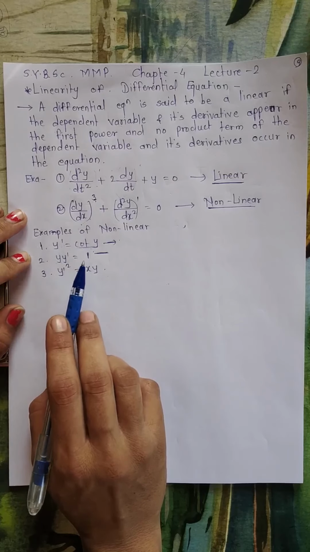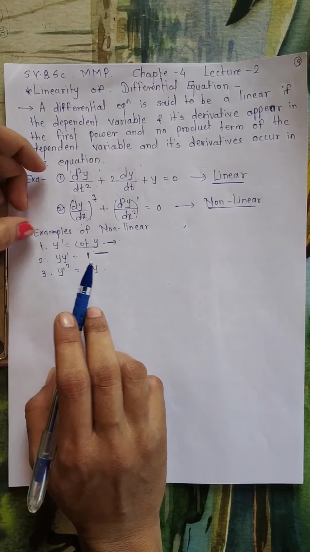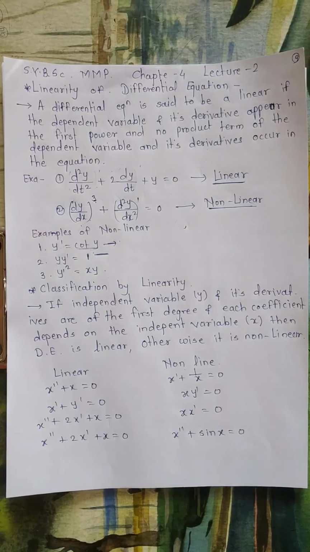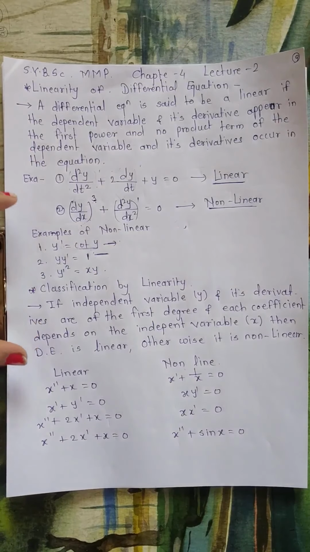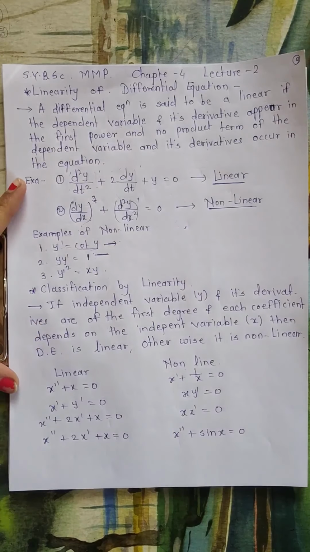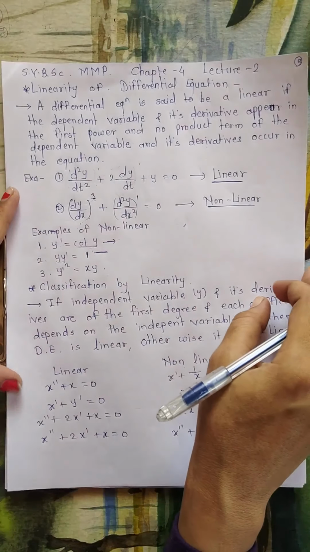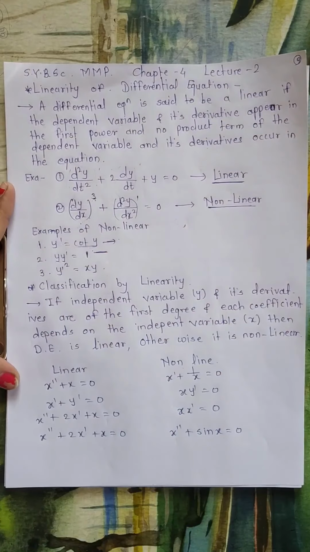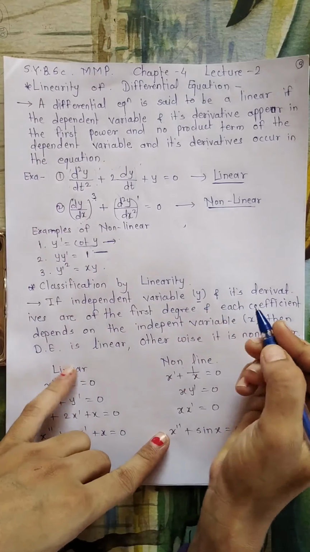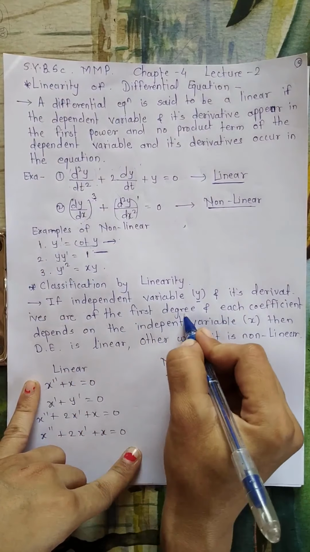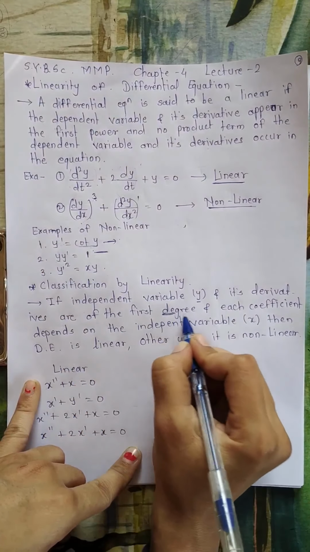Now let's see classification on the basis of linearity. Classification by linearity we will see very quickly. We have already discussed linearity. So classification by linearity is: if the variable y and its derivatives are of first degree. Now here they have used degree.